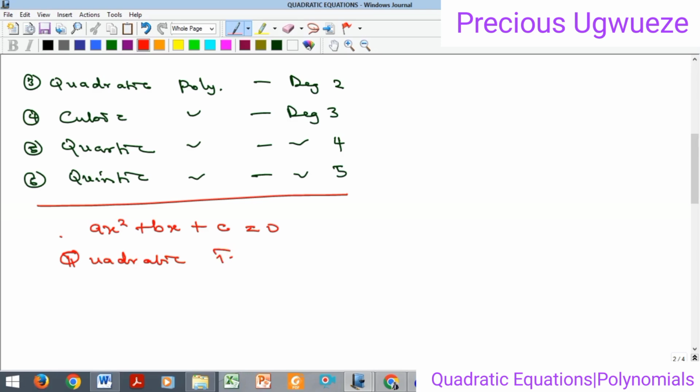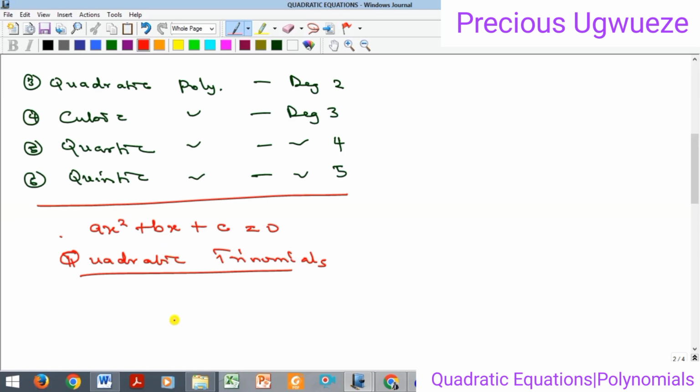This is usually the major type of quadratic equations that we discuss, the quadratic trinomials. That doesn't mean you cannot see quadratic binomials or quadratic monomials.